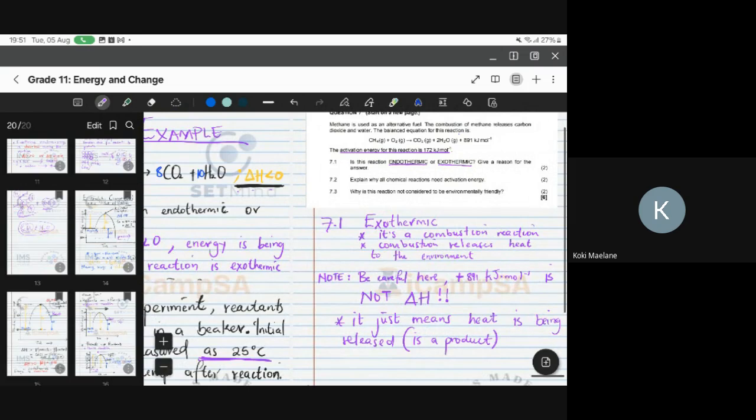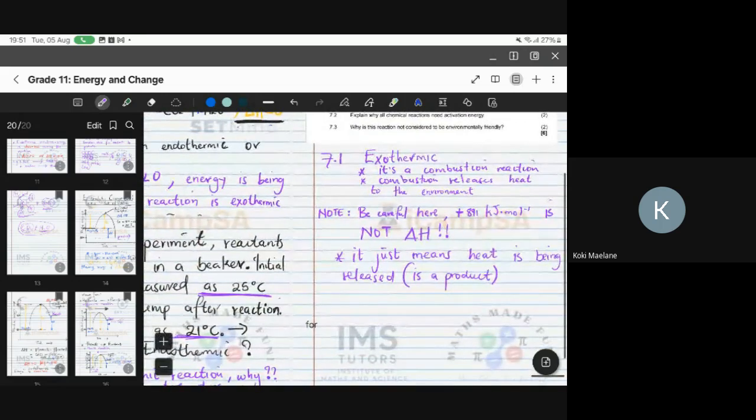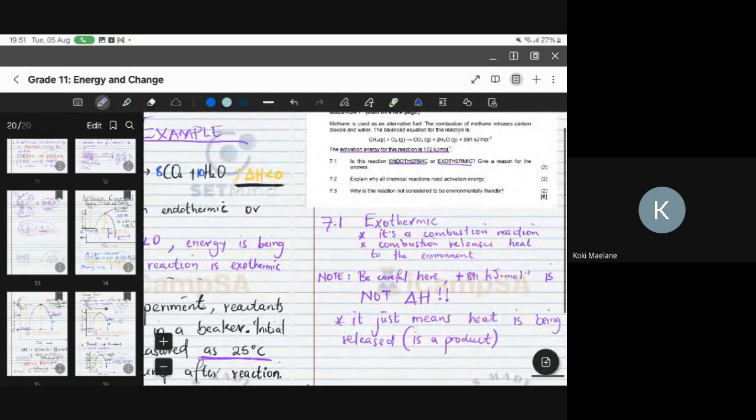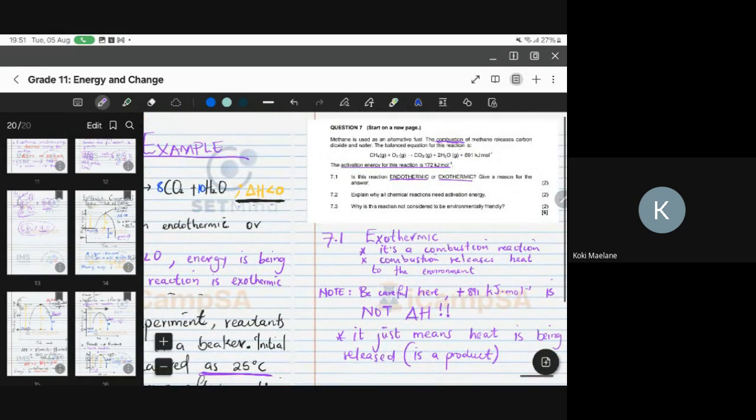The first clue is that this is a combustion. Combustion reactions are always exothermic. As soon as you see the word combustion, just know it is always exothermic. Let me write it for you.